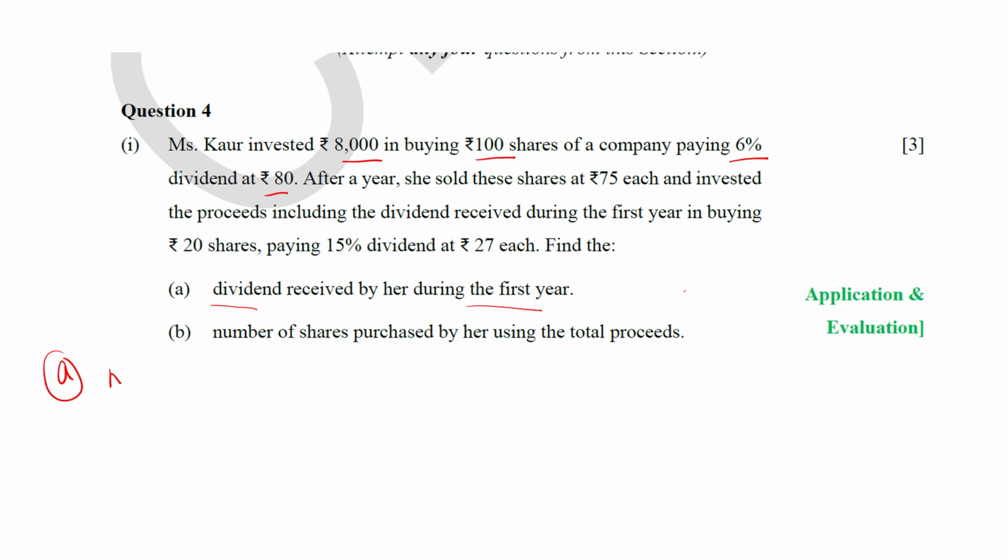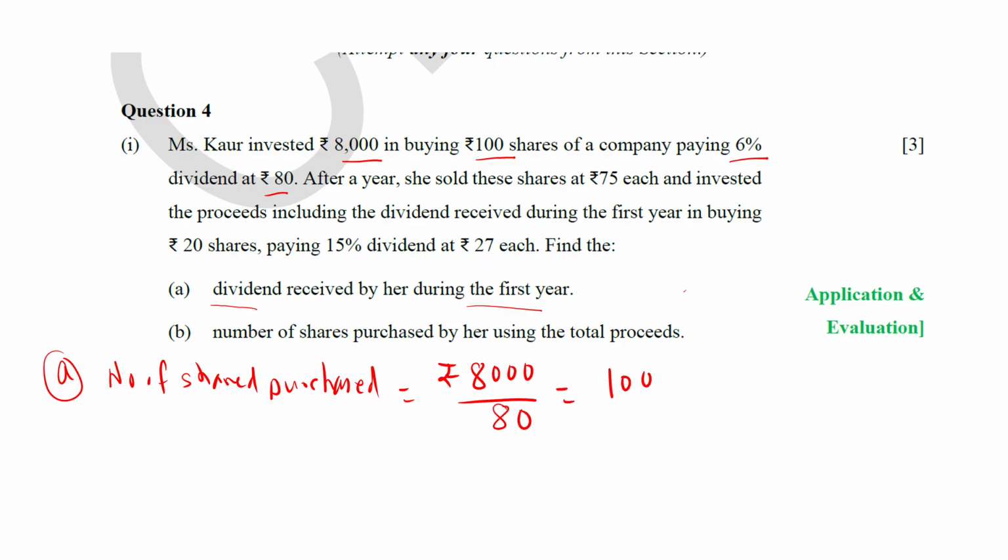Number of shares purchased will be what? Money invested rupees 8,000, cost of one share is what? Rupees 80. So number of shares will be 100 shares. Now these 100 shares, dividend received is what?